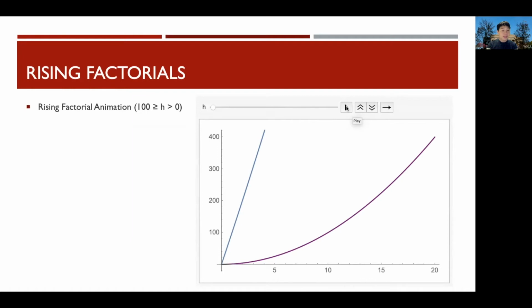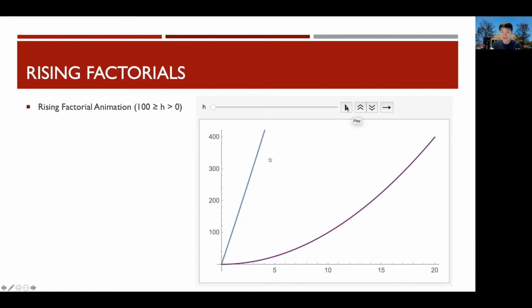So the same, like I said, with this rising factorial animation that we'll see here, we represent a rising factorial. Here you have in purple the graph of y equals t squared. And over here we have the graph of y equals t to the 2 rising. We change the h value, which will change this graph of t to the 2 rising.